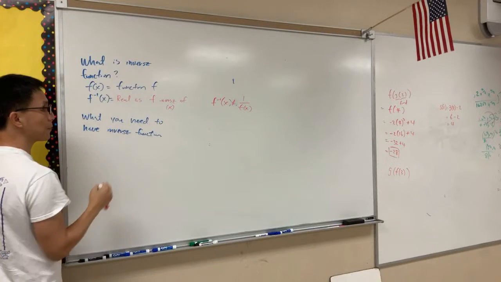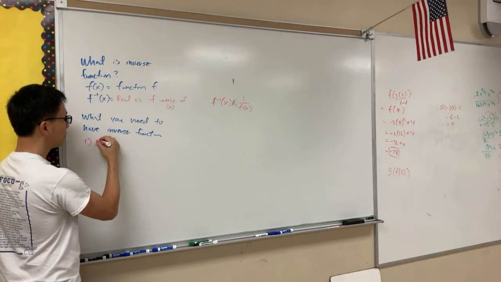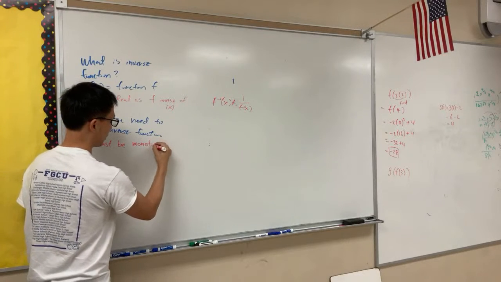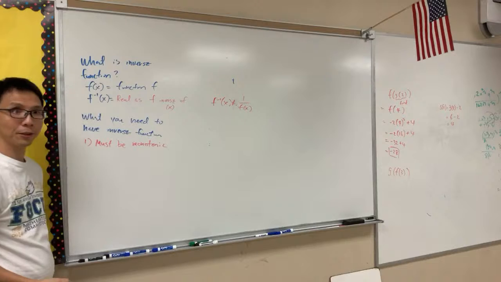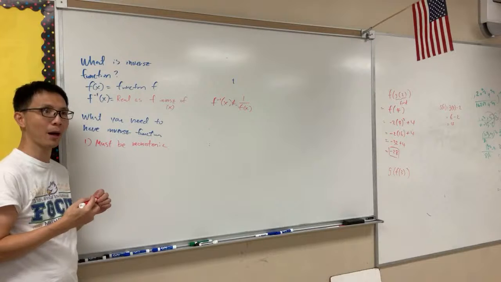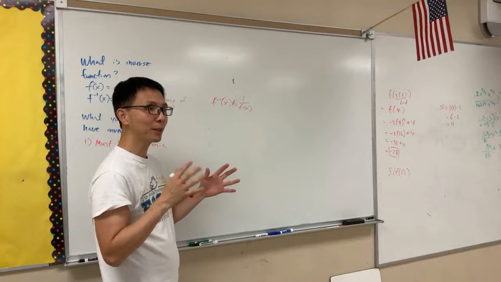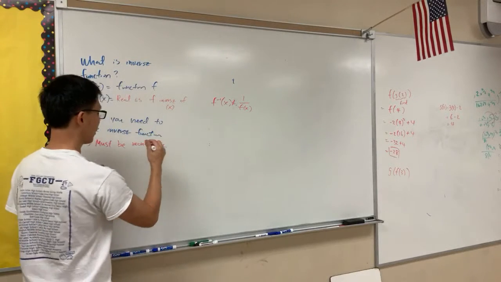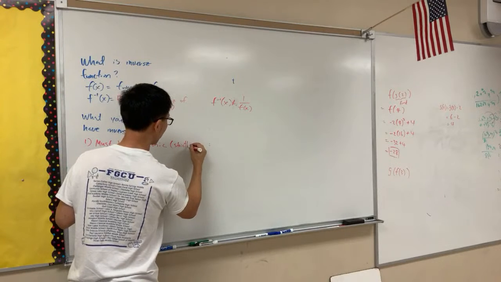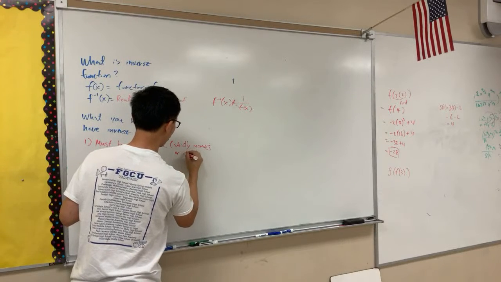What you need to have inverse functions, there are a couple conditions. First condition is it must be monotonic. How many of you hear monotonic in math before? Not in math, right? Monotonic means strictly increasing or strictly decreasing.